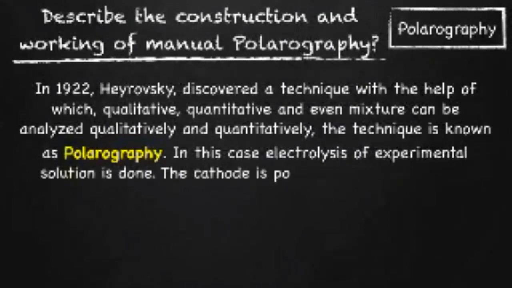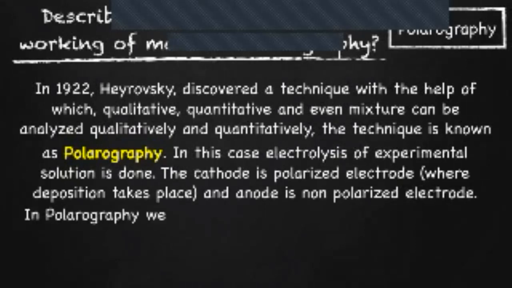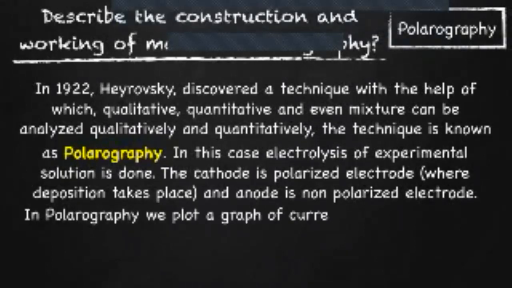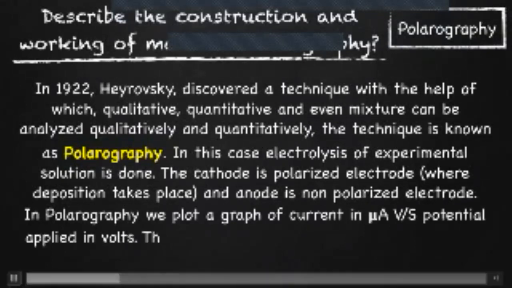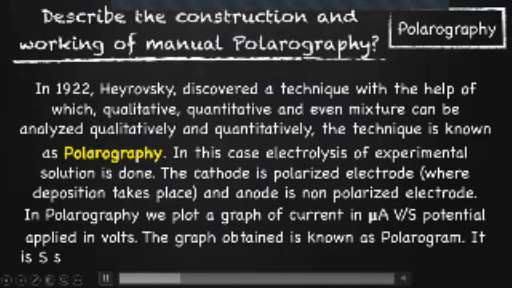The cathode is the polarized electrode where deposition takes place, and the anode is a non-polarized electrode. In polarography, we plot a graph of current in microamps versus potential applied in volts. The graph obtained is known as a polarogram. It is an S-shaped wave.